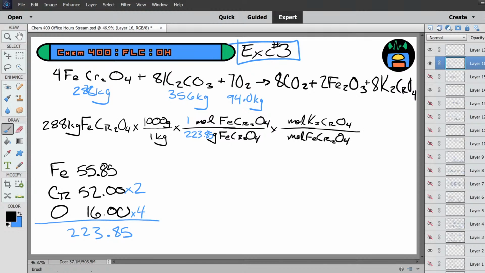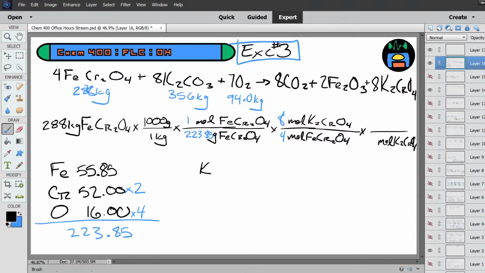And the mole-to-mole ratio comes from our balanced chemical equation. 4 moles of chromite produce 8 moles of potassium chromate. Finally, we convert from moles of potassium chromate to grams.